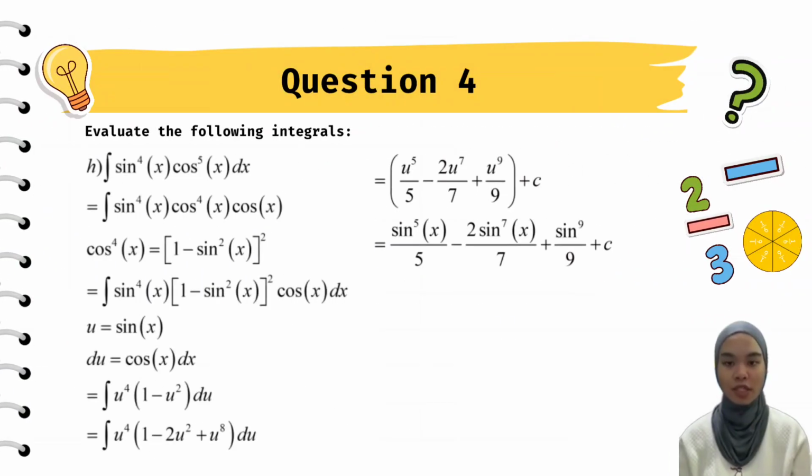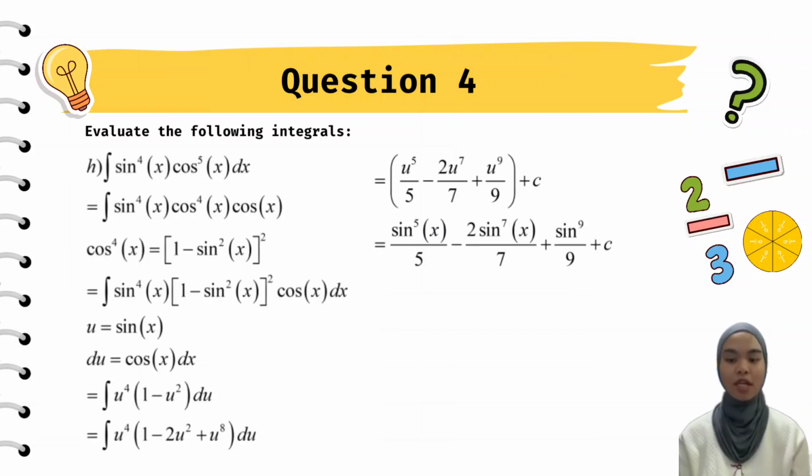So for question H, integrate sin^4(x) cos^5(x) dx. We know cos^4(x) is (1 - sin^2(x))^2.